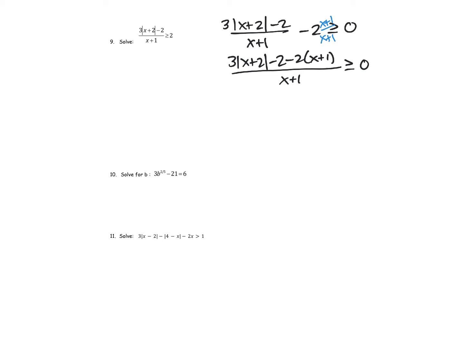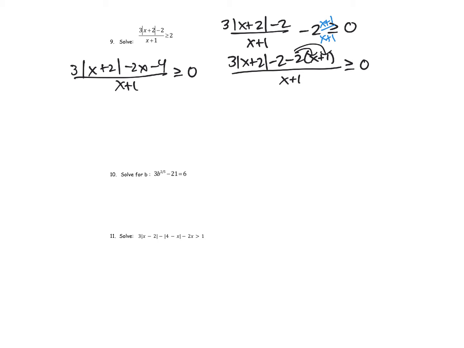And then let's just distribute this -2 and combine like terms in the numerator. That will get me 3 absolute value of x plus 2 minus 2x minus 4 over x plus 1 greater than or equal to 0.